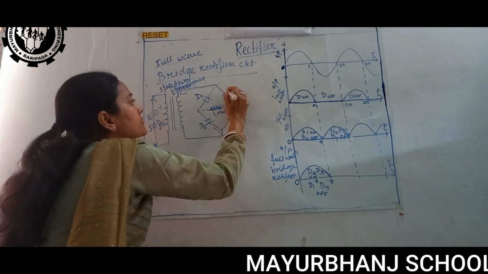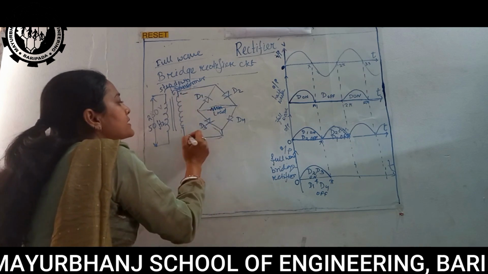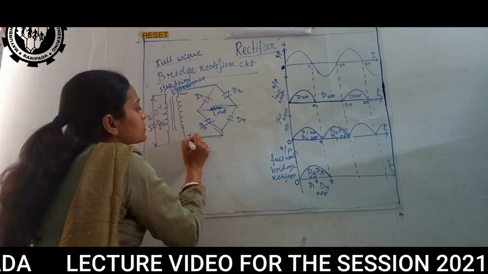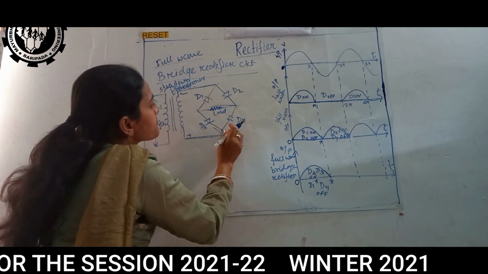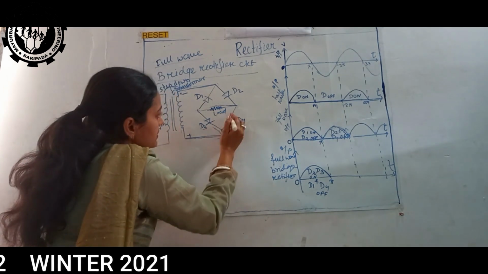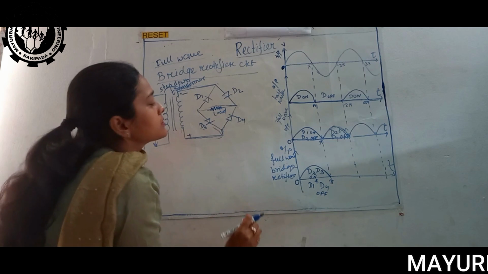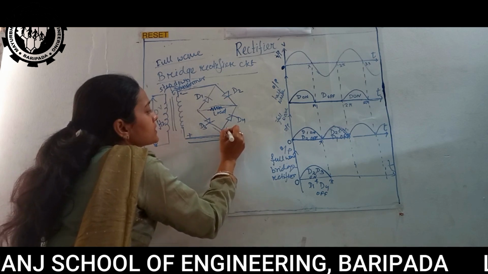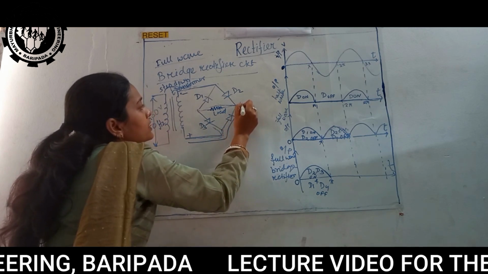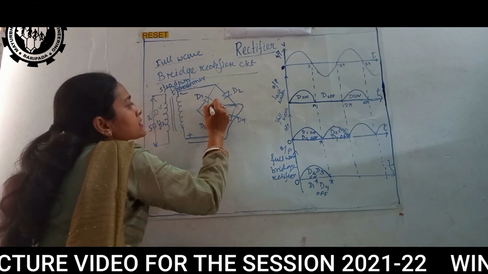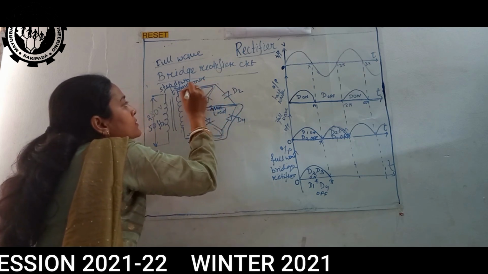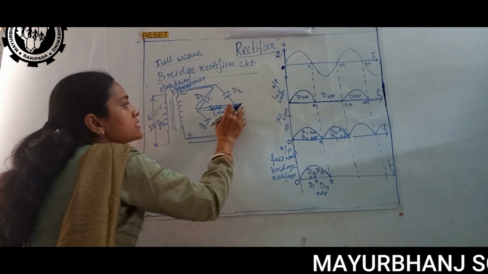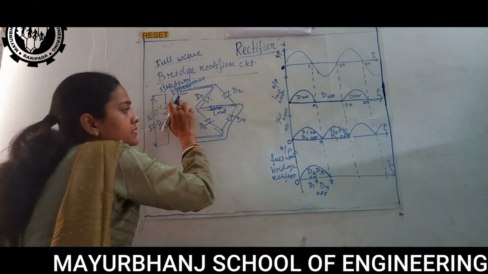When this is negative and this is positive, current will flow through D1, D4, towards the load. From the positive terminal towards D4, then load, then D1 and to the negative terminal.